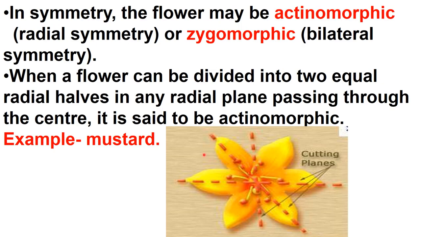So such type of flowers are called actinomorphic flower, and such a symmetry is called radial symmetry. You know about the radial symmetry because we have studied about the radial symmetry in the animal kingdom chapter also. So same thing is present here also. So this is radial symmetry, and the flowers having radial symmetry are called actinomorphic flowers.